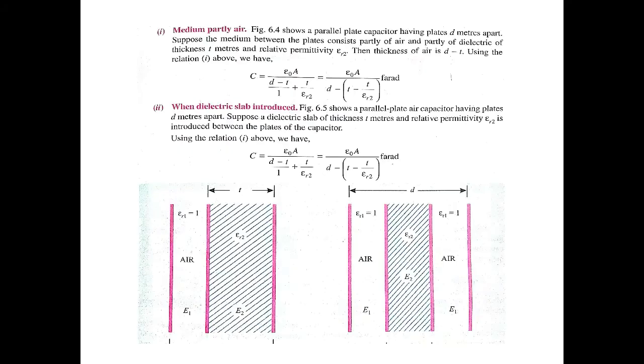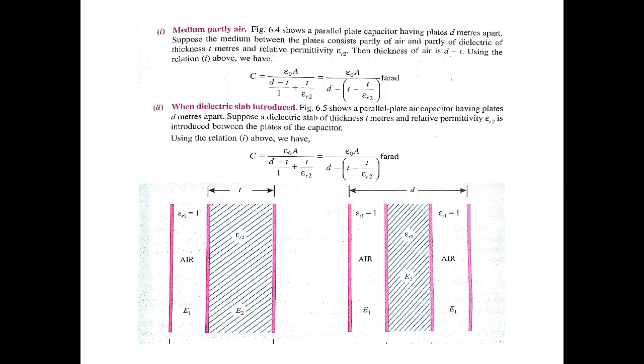Another case, if two charged plates are there, the medium between them is air. If we introduce a dielectric slab, some kind of dielectric material other than air, in between the conducting plates, then what will happen to the capacitance value?